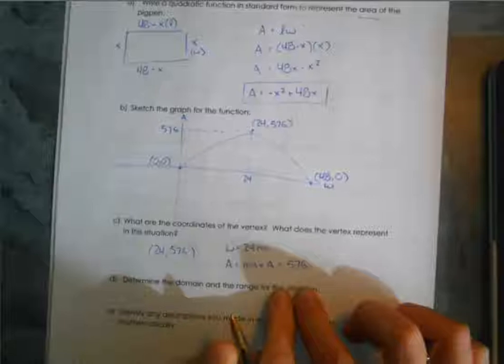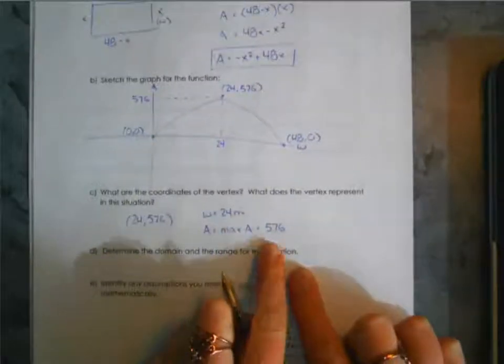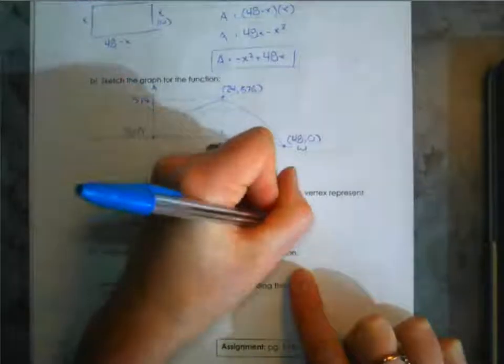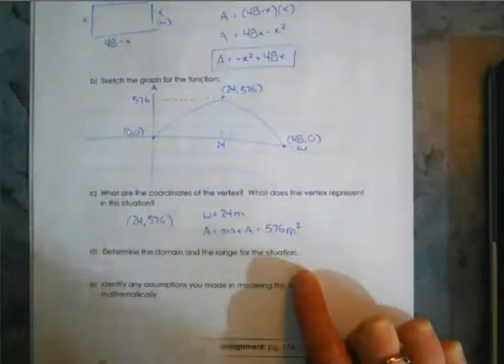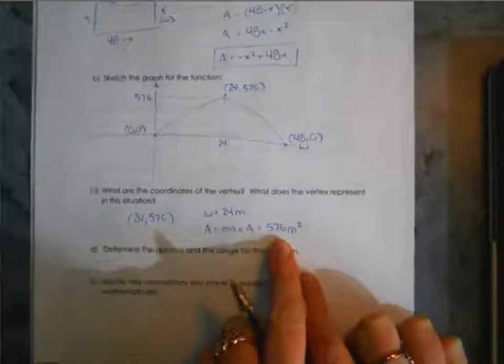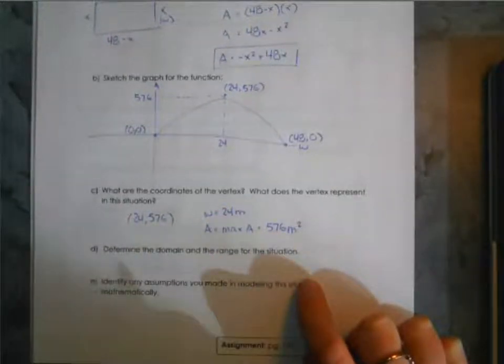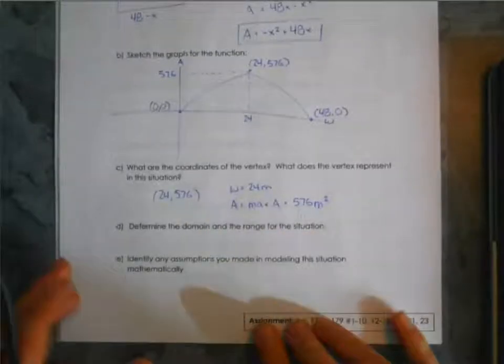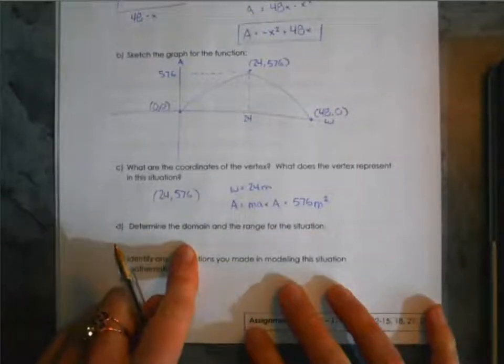And then again, thinking about units, and this would be important on a test, because we had meters of fencing, area is always a squared unit, right? So the maximum area that he can build for a pig pen with that amount of fencing is 576 meters squared.